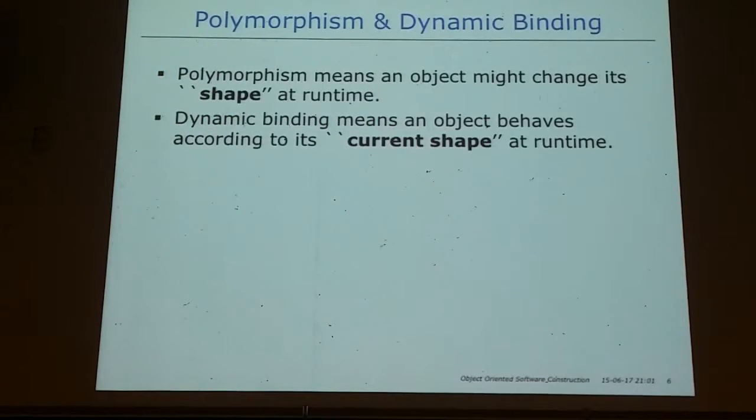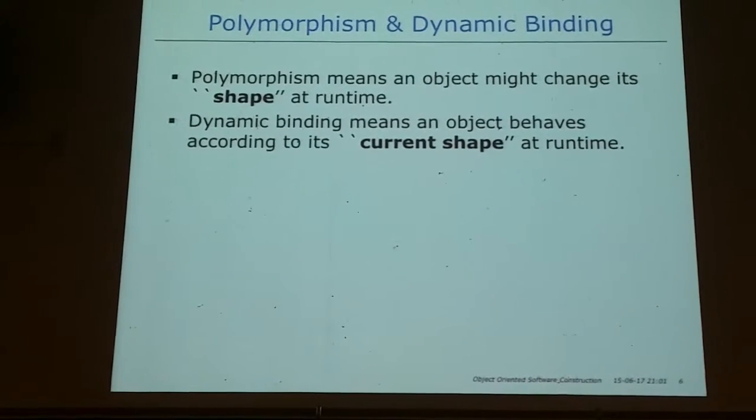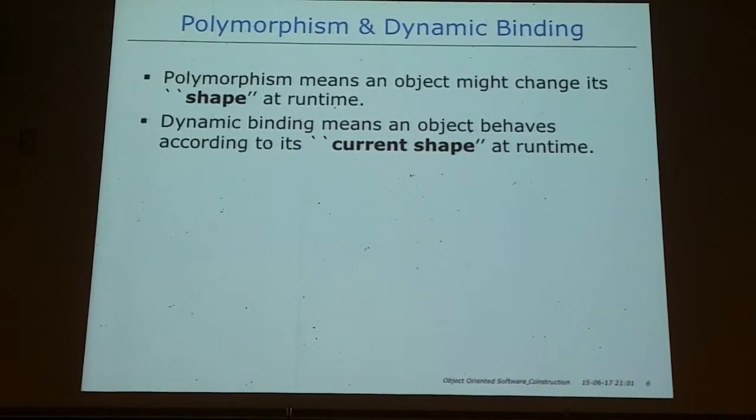Okay, now comes the important part. So now we have polymorphism and dynamic binding, which are not really new to you because you learned that also from the Java course, right? So now, just as a recap, we're going to say how that works in iPhone, which is consistent with how it works in Java.